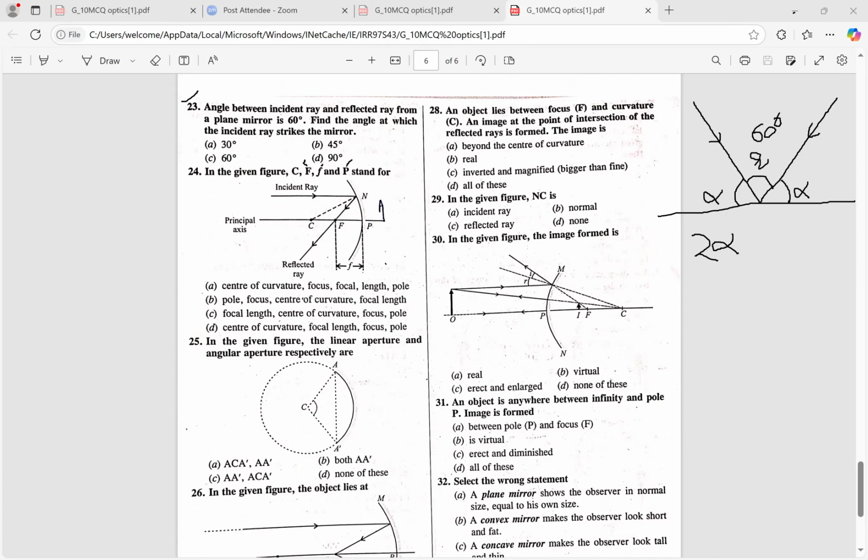Alpha plus alpha, 2 alpha plus 60 degree, and total angle is 180. So 2 alpha is equal to 180 minus 60.